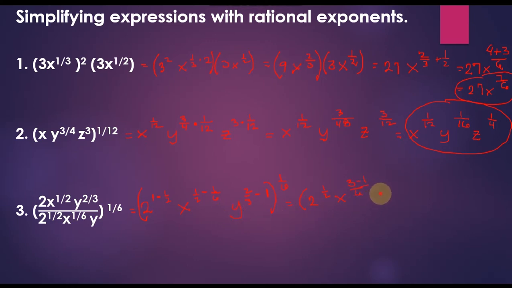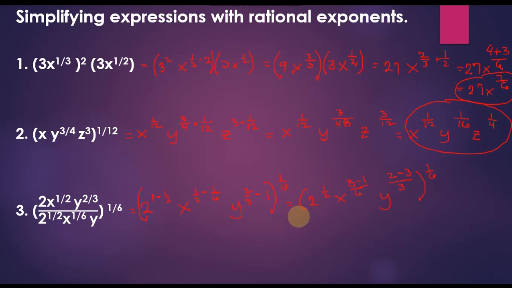Let's go for y. So also, we need to get the LCD here. So for 2/3, LCD is 3. 3 divided by 3 times 2, minus 3. Raised to 1 over 6.